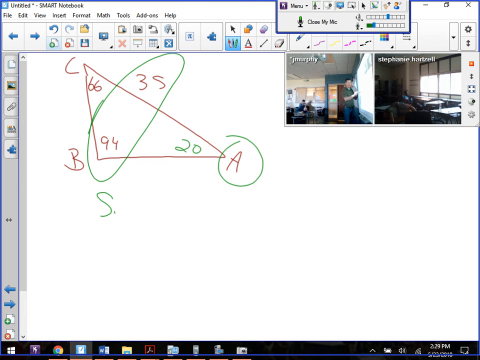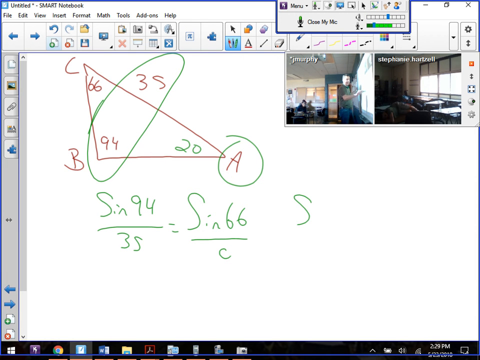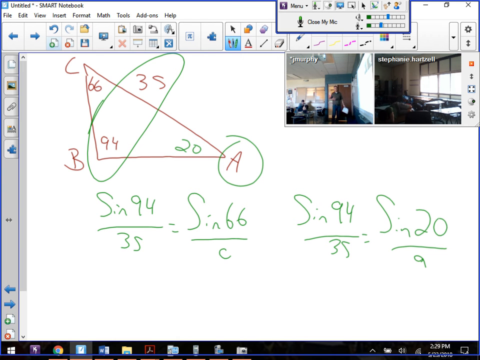So I'll say the sine of 94 is to 35 as the sine of 66 is to little c. And I do it again: sine of 94 is to 35 as the sine of 20 is to little a. I'm sorry, that was a 19.